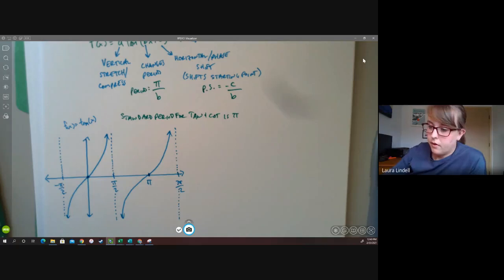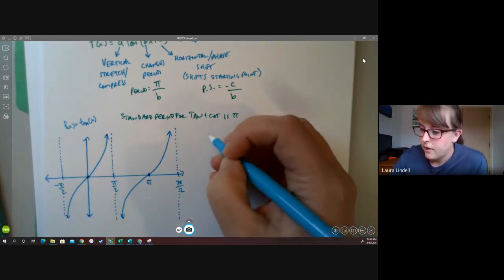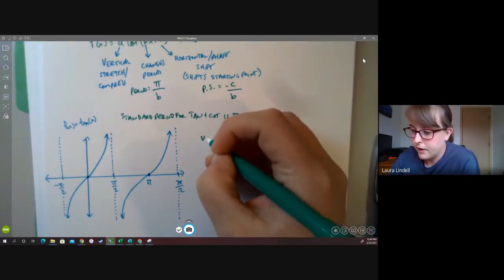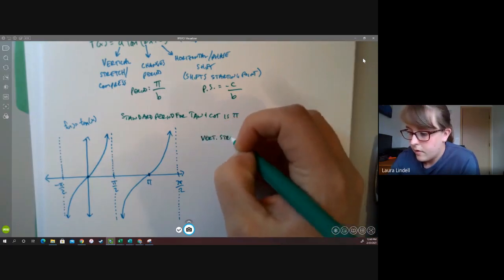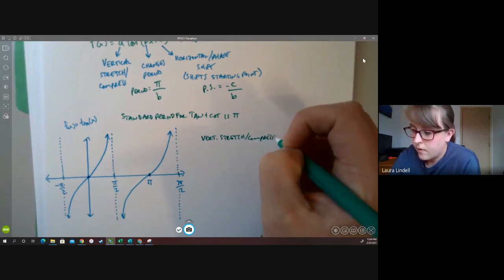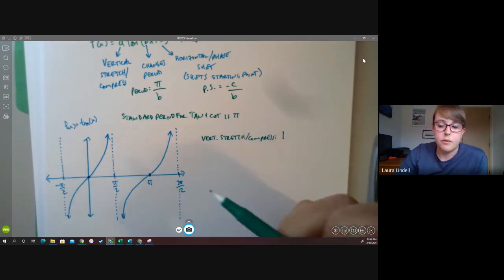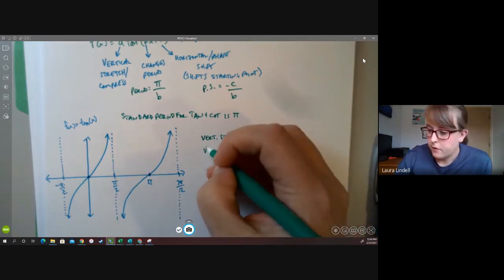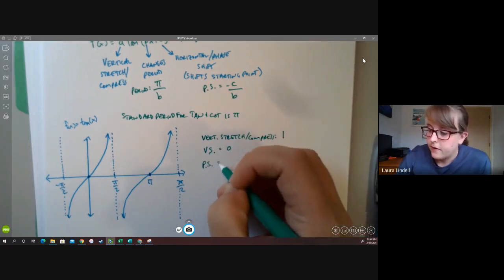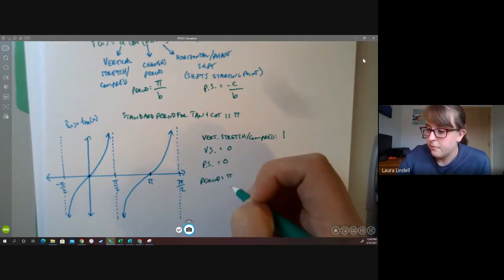Okay, so for this one, we can label a couple of the things that we would typically be asked for. The A value is 1, vertical shift is 0, phase shift is 0, the standard period is pi.